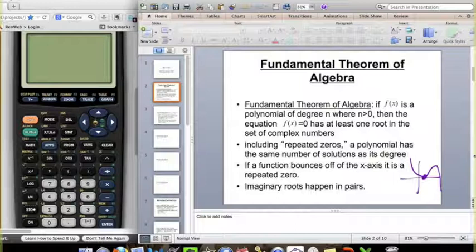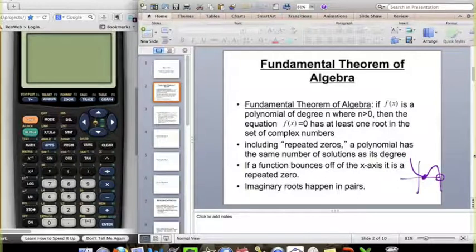And then any crossing would be another answer. So this one probably has 3 answers. And then our last one says that imaginary answers happen in pairs. That is because when we solved with the quadratic formula, we always had a plus or minus, and that plus or minus gives 2 solutions. Imaginaries always have to happen in pairs so that they can cancel each other out, okay?